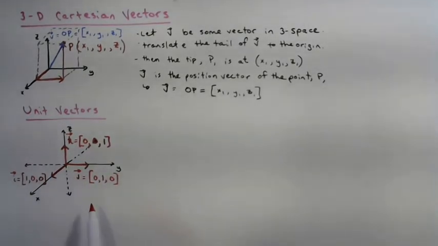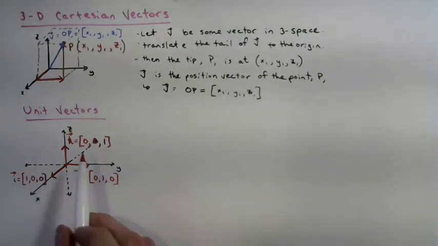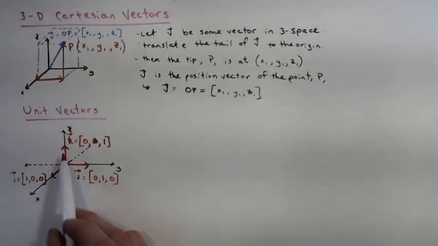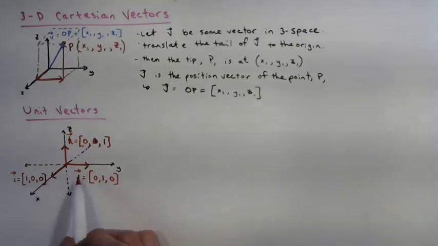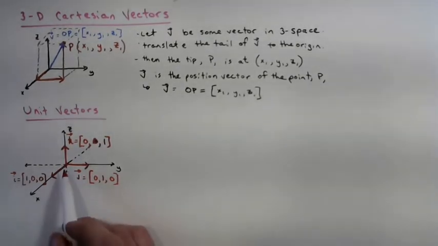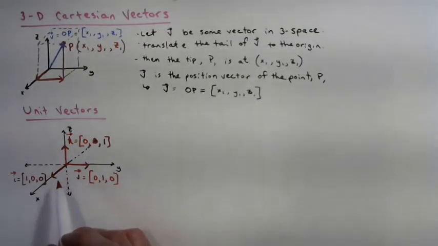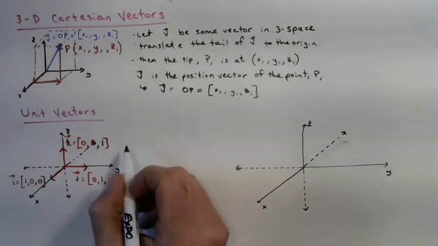And again, any vector that we are dealing with in 3 space can be represented as the sum of a combination of i, j, and k, or multiples of i, j, and k. They all have magnitude or length of 1. And so we can build any other vector using these 3 one-dimensional component vectors. So let's jot that down.